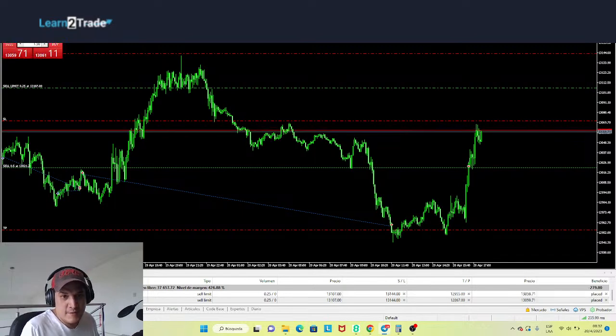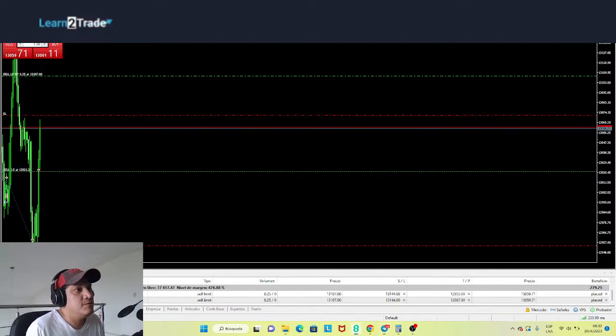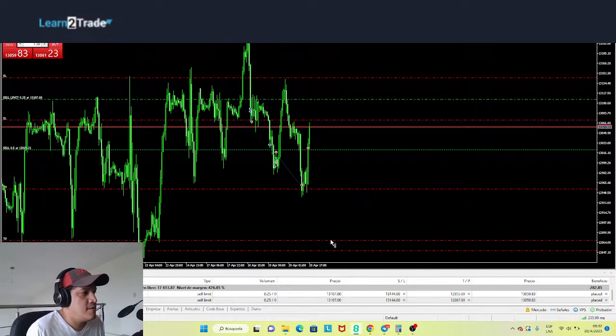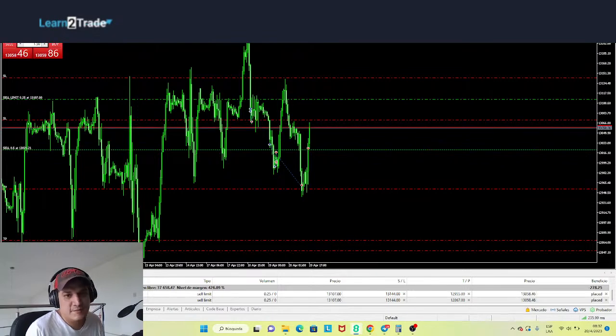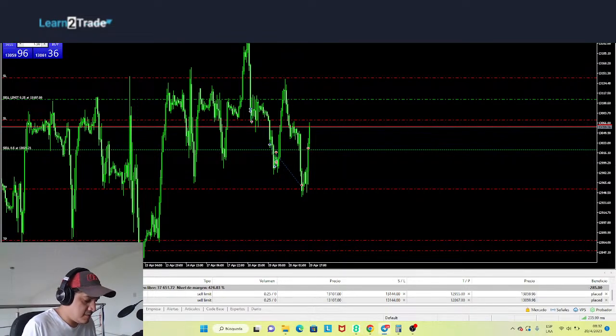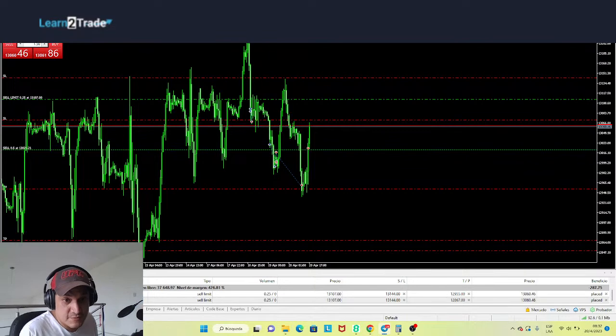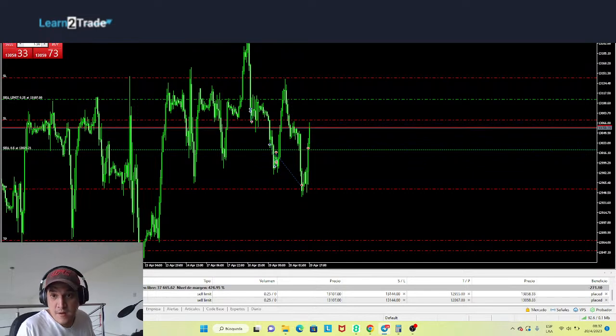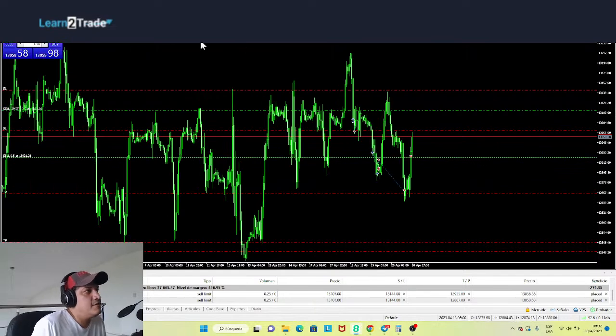And TP2, what is it? 600, so it's a 6.3R. 6.5, I'm gonna call it. 6.5R. And the risk is about 0.33% or so, which is fine. All right, so that's sent to my VIPs.